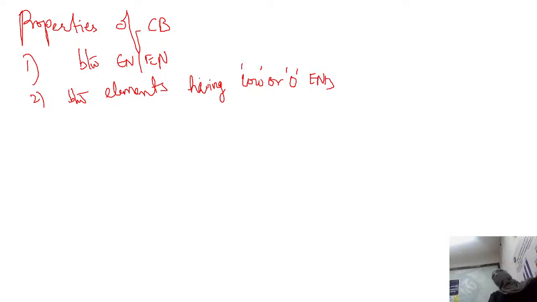So a compound can be formed between elements which have low or zero electronegativity difference, but it should not be high. If it is high, definitely transfer of electron occurs and the bond will be ionic. So as you know, low means the compound is polar, zero means the compound is non-polar, right?